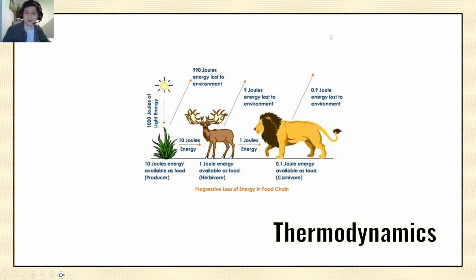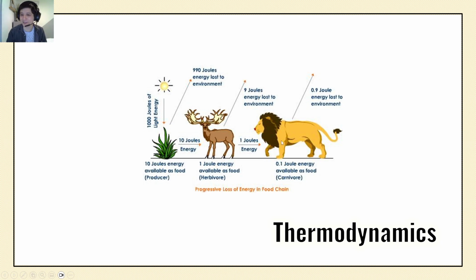And you might be wondering, how is this possible? Well, it's possible because there's a lot of energy from the sun. So the sun keeps giving energy. It never stops giving energy. So there's going to be lots of plants. So this animal can eat lots of plants and get energy that way. And then this animal can eat the herbivore and get energy that way.